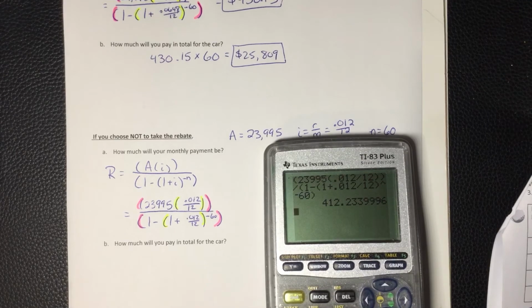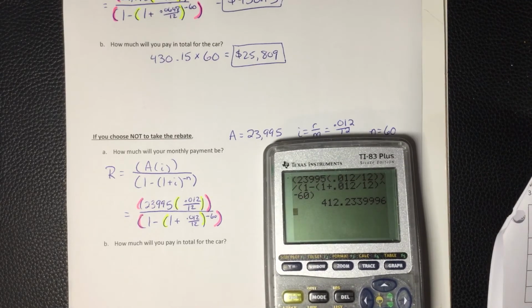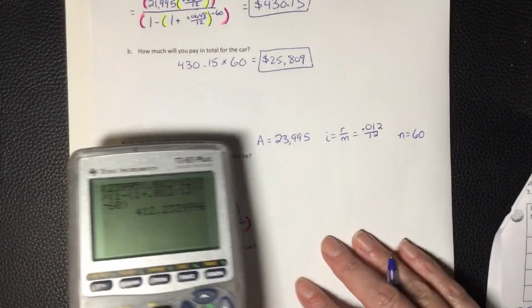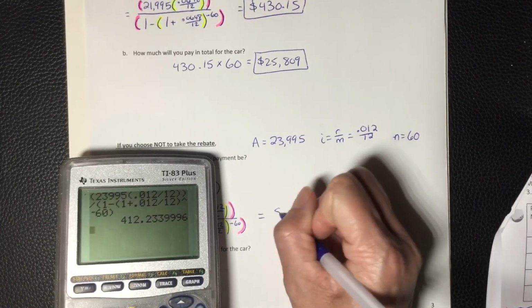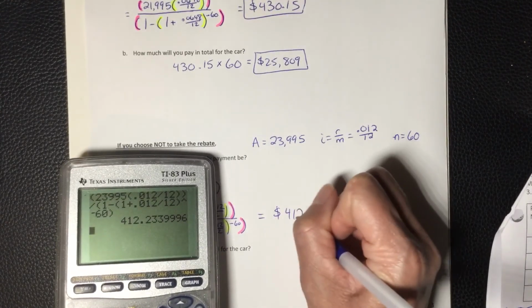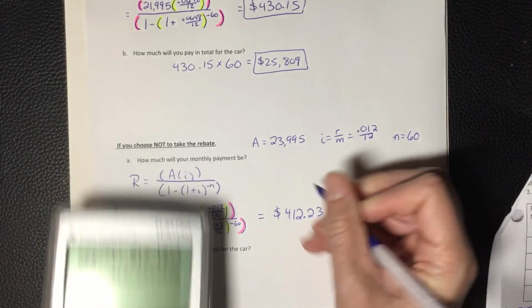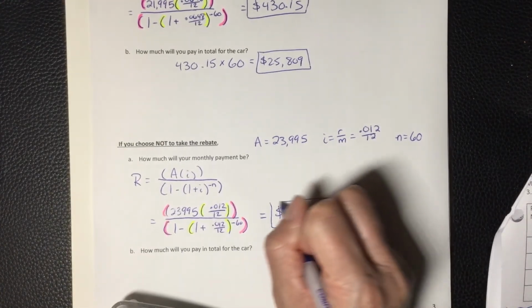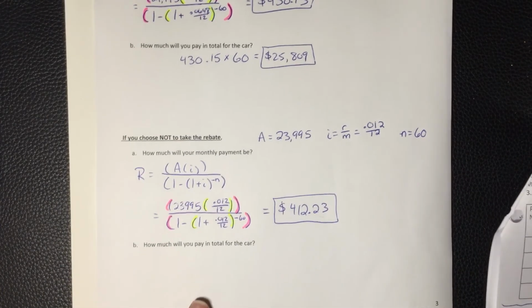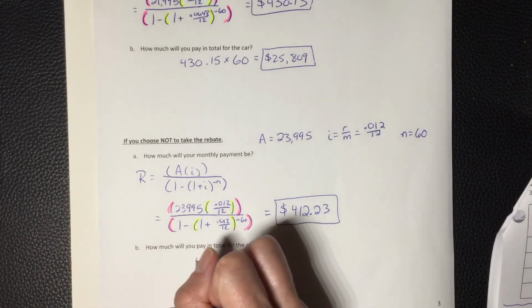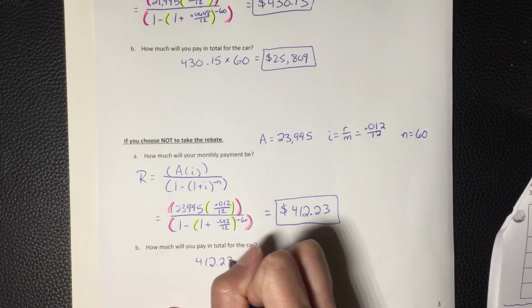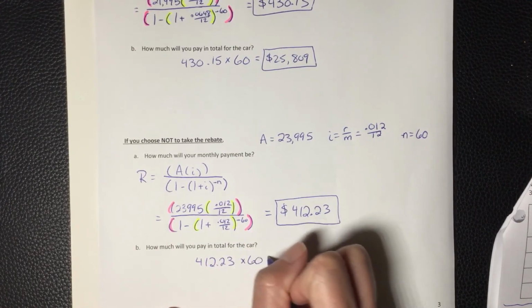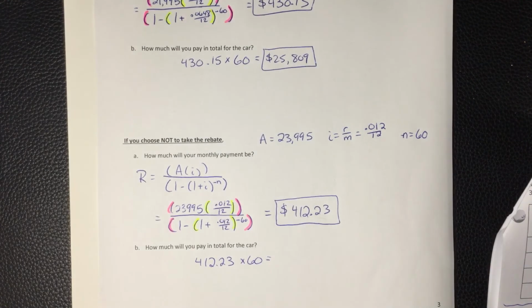All right, so this comes out $412.23. So that is a slightly lower payment. So even though we're borrowing more, we have a much lower interest rate. All right, so total cost for this car, we're still making 60 payments, so we would still multiply this by 60.